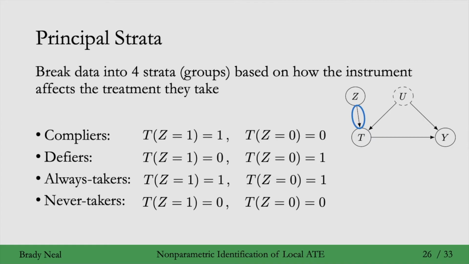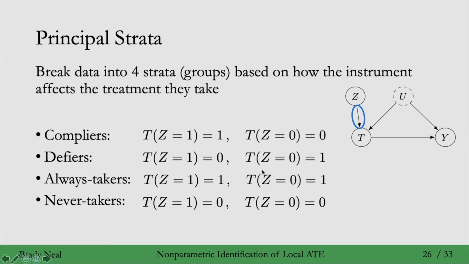An important thing to note is that you can't identify which stratum a person is in based on their observed values of instrument and treatment. So, for example, say they got Z equals 1 and T equals 1, you might think, oh, maybe they're the compliers, but also they could be the always takers. Similarly, say they got T equals 0 and Z equals 0, you could think they're the compliers, but they could also be the never takers. Or if they got Z equals 1 and then T equals 0, they could be the defiers, but they could also be the never takers.